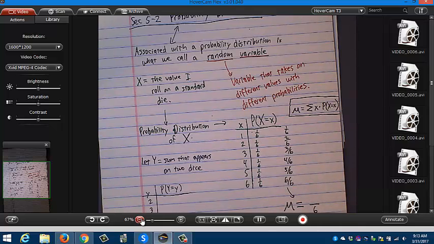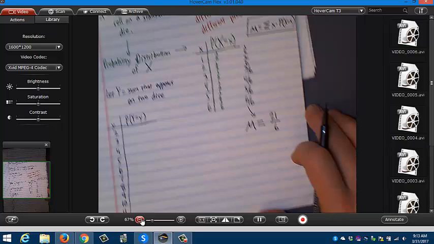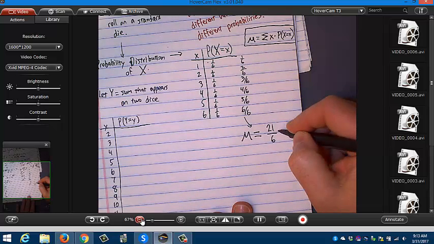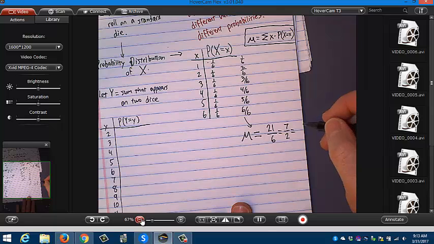What is it over 6? Well, 1 plus 2 plus 3. It's kind of like factorial, but it's adding, right? 21, I agree. 21 out of 6, which can be simplified, right? You can take a 3 out of top and bottom. You get 7 over 2. What's that as a decimal? 3.5.